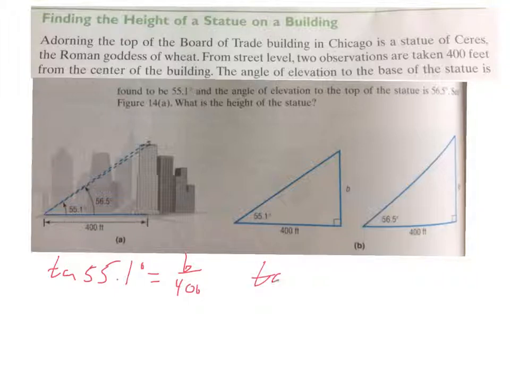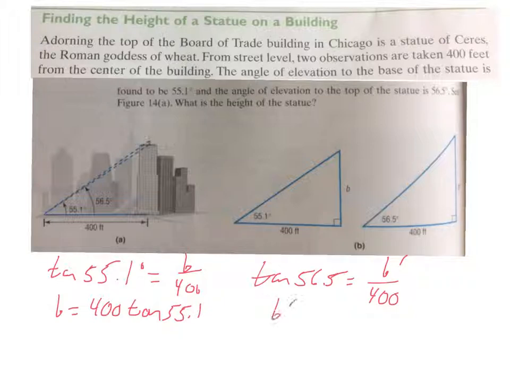And tan of 56.5 degrees will be equal to b prime over 400, as they called it. And so b will be equal to 400 times tan of 55.1, and b prime will be equal to 400 times tan of 56.5.